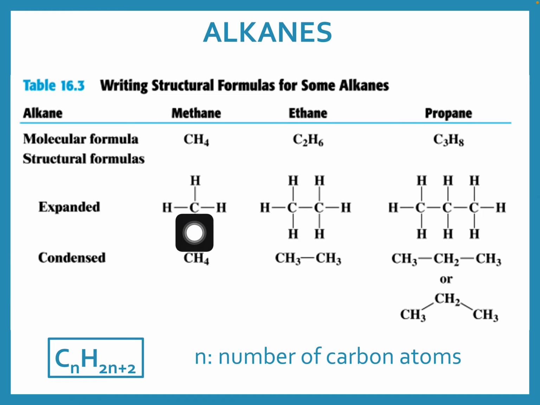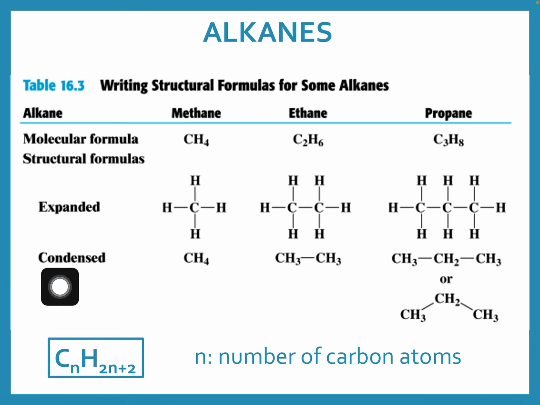So when we have 1 carbon, there are no other carbons, so we have 4 hydrogens there. 2 carbons, we have 1 other carbon that it is bonded to, and so 1, 2, 3 hydrogens. And then here we have 3 carbons, so we've got 3 hydrogens here, 2 here, and 3 here.